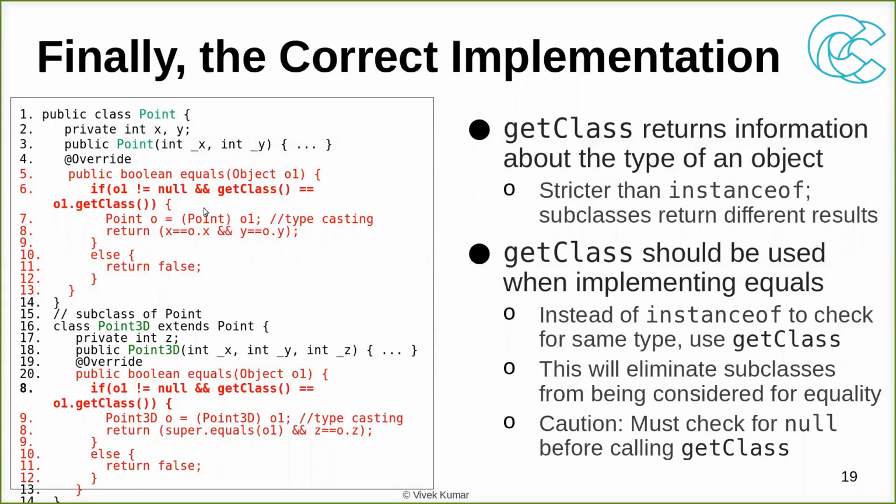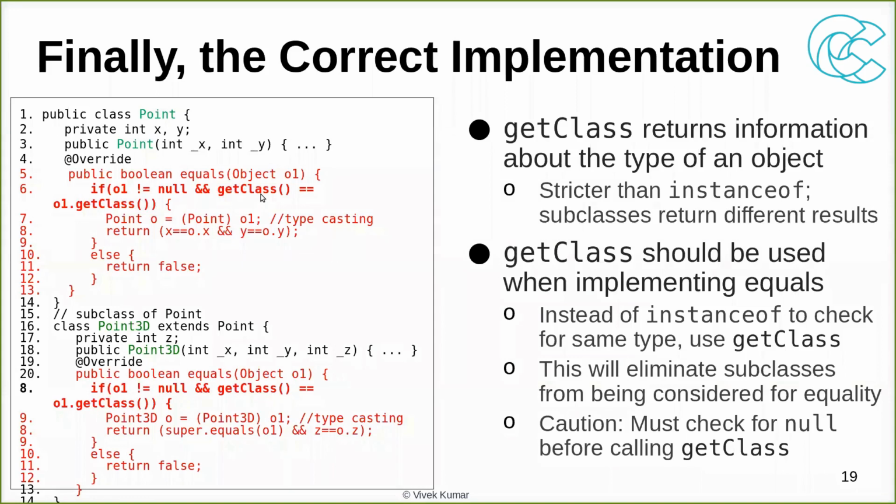But instead of that, if you use something specific like getClass, then unless it's the exact type of the passed object, say P1.equals(P2), unless the types of P1 and P2 are exactly the same, this part of the equality does not return true.